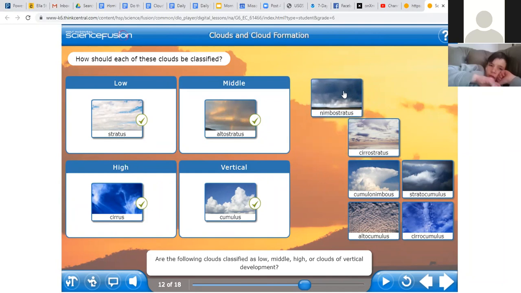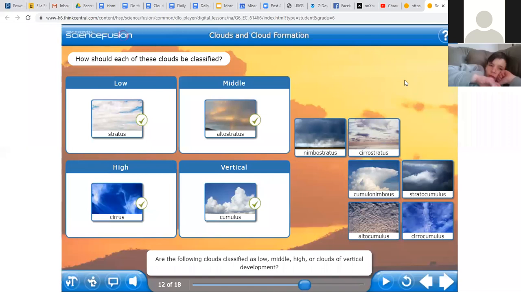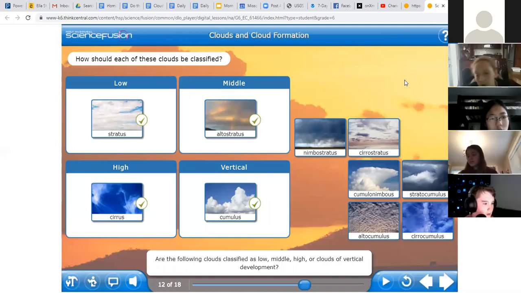There's another prefix that I want you to know, and it's in this cloud type here. It's the word nimbo, N-I-M-B-O. This will be the last word that I want you to know as it refers to cloud types. Does anybody know what the prefix nimbo or nimbus means? Tall or high?